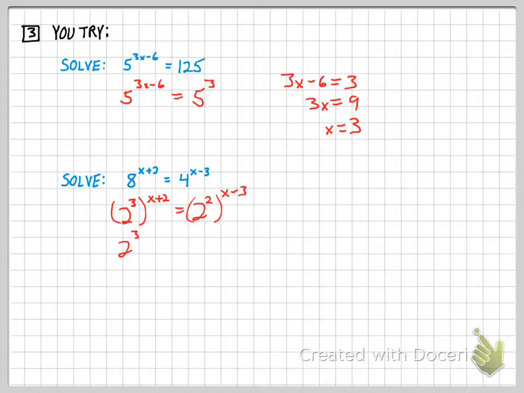This becomes 2 to the 3x plus 6 power. This one becomes 2 to the 2x minus 6 power. And my expression that needs to be solved, 3x plus 6 equals 2x minus 6. And I get x equals negative 12 for my answer.